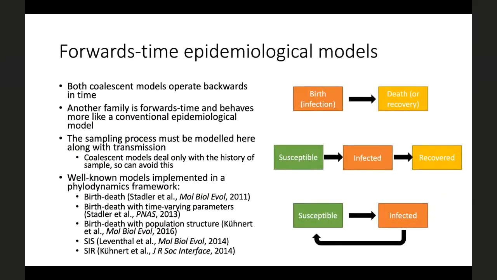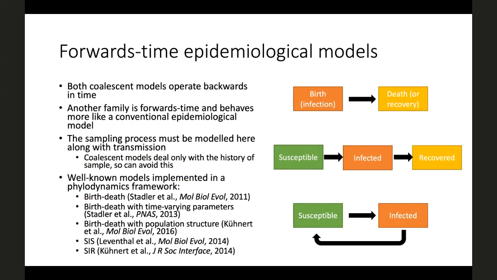So coalescent models, both the one I've talked about before and the one I'll talk about later, operate backwards in time. The other family of models are forwards in time and behave a lot more like the conventional epidemiological model, like an SIR model that a lot of people will be familiar with. What this does mean is that you have to model the process by which isolates get into your sample.